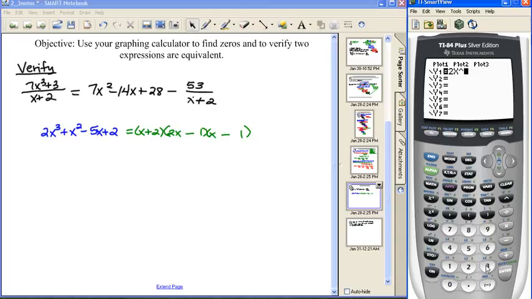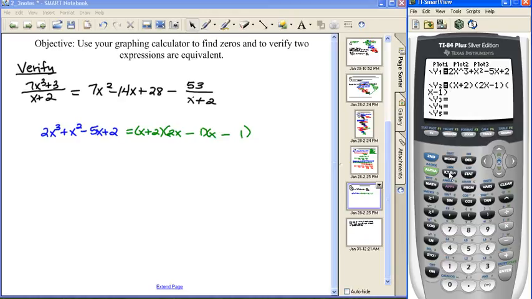So if we enter 2x cubed plus x squared minus 5x plus 2 on the calculator in y1, and then we're going to show that that's equal to (x plus 2) in parentheses times (2x minus 1) times (x minus 1).